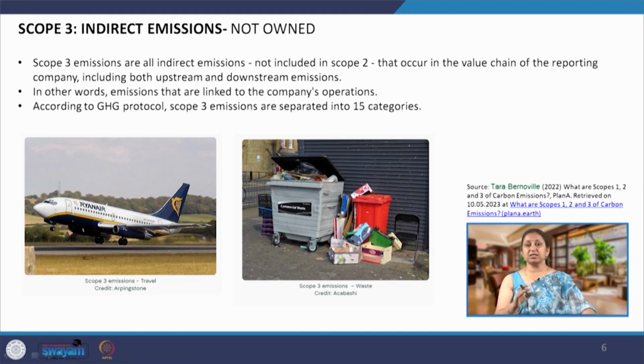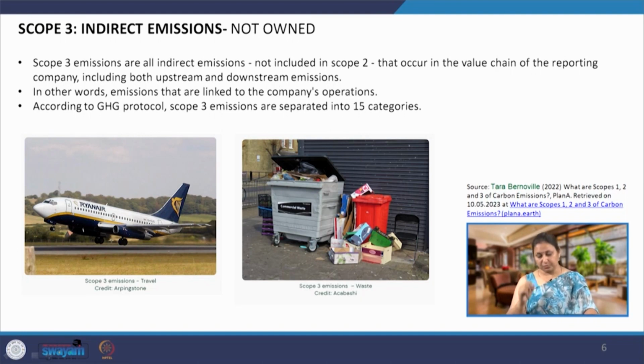Now, this is one of the most debated and argued scopes, scope 3 indirect emissions: how much of those indirect emissions should be counted in my scope, in my kitty. That is where we still have a lot of discussion, and a lot of clarity is still needed.